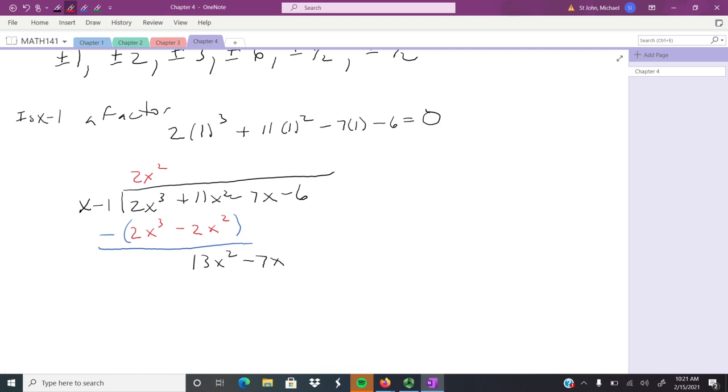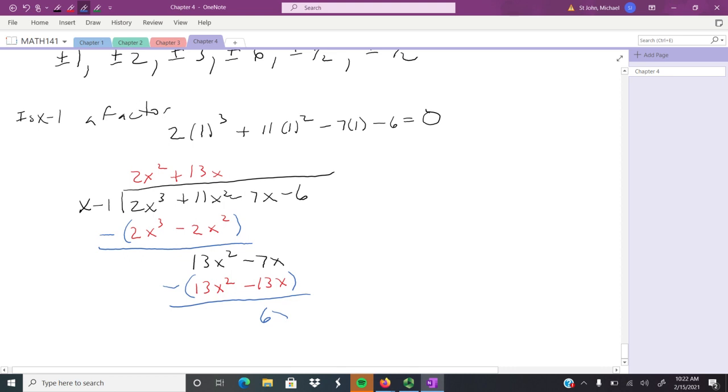Then I need to multiply x by 13 to get 13x, so this will give me 13x squared minus 13x, and again we want to subtract. The x squares go away.